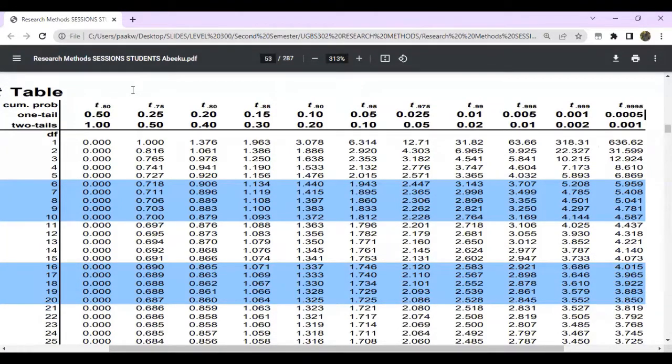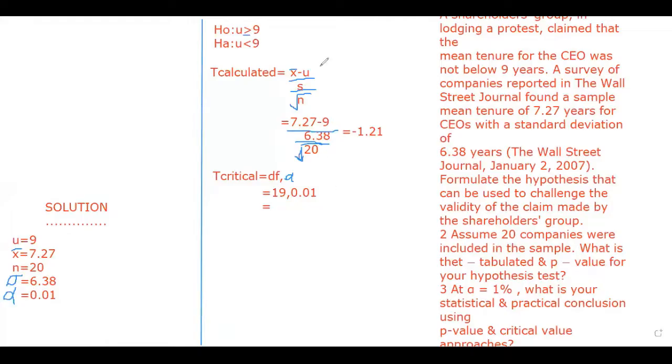So looking at one tail test, 0.01 is here, right? And degrees of freedom is 19. Where did they meet? 2.539. Yes, 2.539. Our critical value is 2.539.